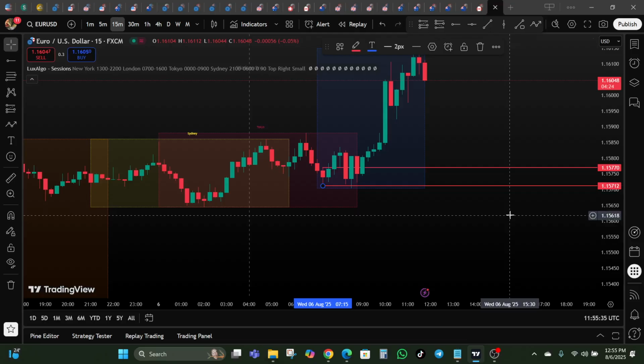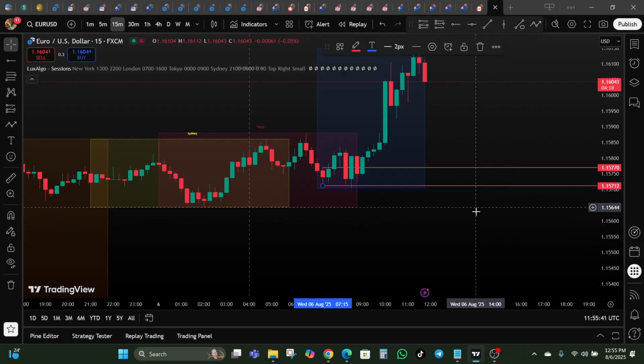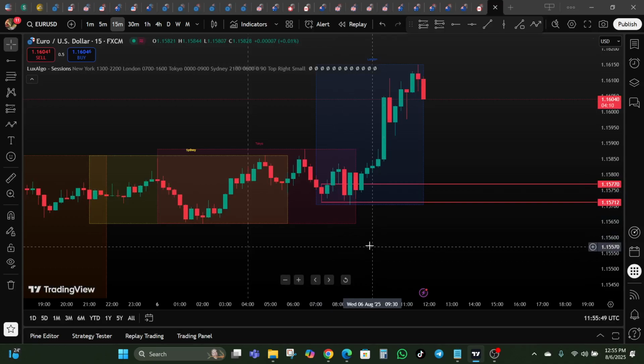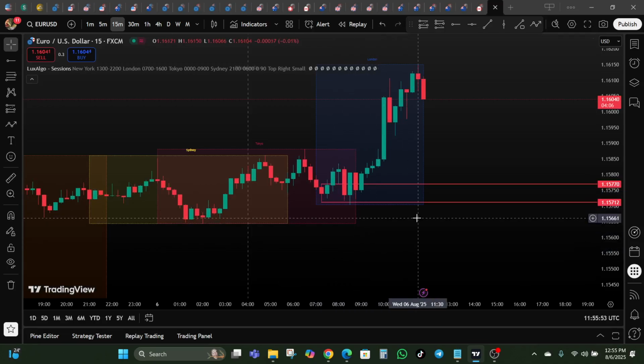So once the candle closes, traders watch for price to break above the high or below the low, expecting continuation. But here's the trap: not every breakout is real.